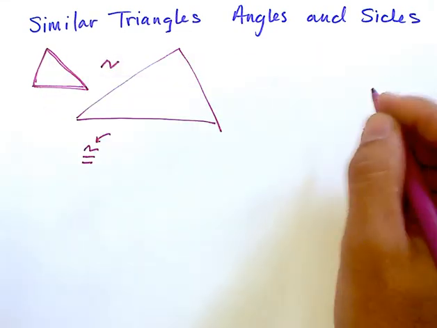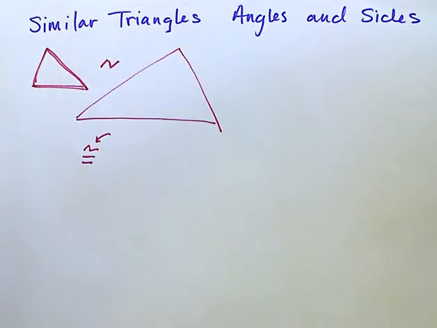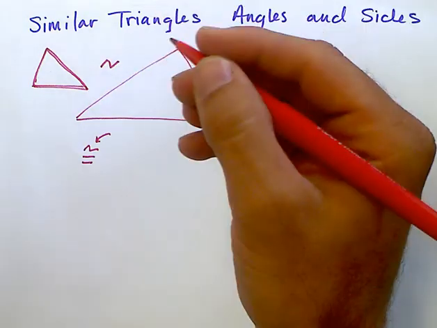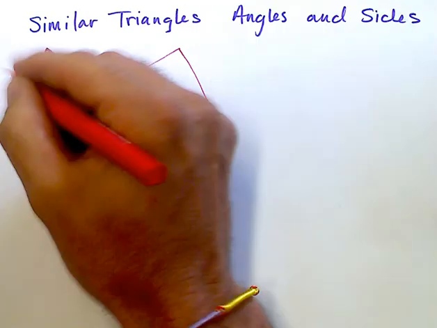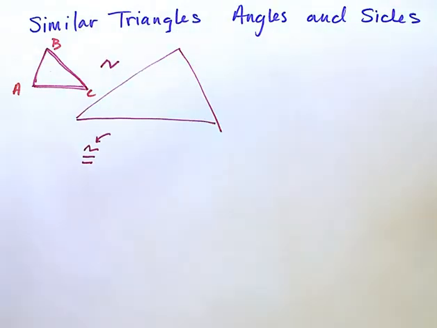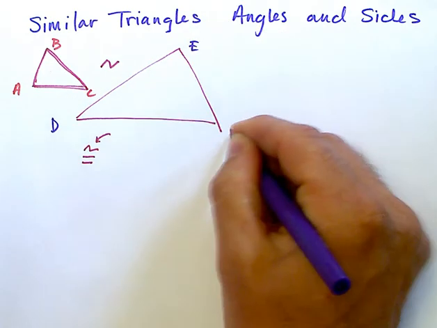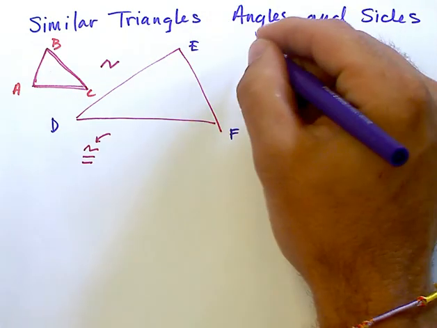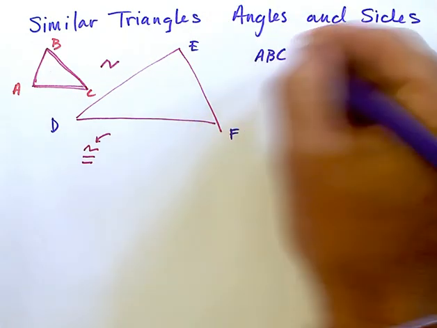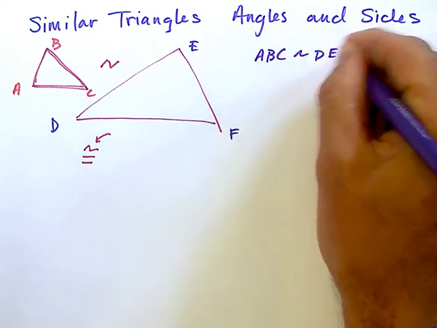Now, in order for something to have the same shape, it should have the same angle measures. So let's say this is ABC, and we're saying that this triangle here is DEF. Okay? And let's say we come up with a similarity statement. Triangle ABC is similar to DEF. And we'll use that as we go along.